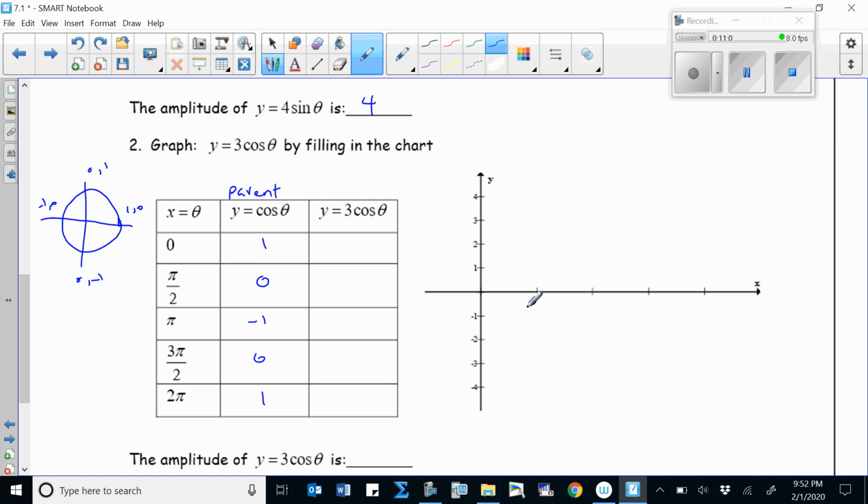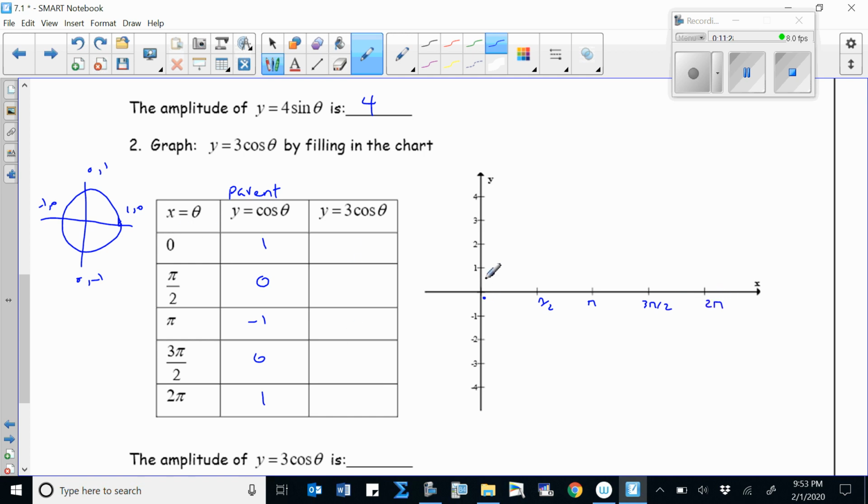Okay, so I can graph the function. Let's first of all write the value of all these angles here, which are basically the critical points as well. So this is 0, pi over 2, this one is pi, 3 pi over 2, and 2 pi.